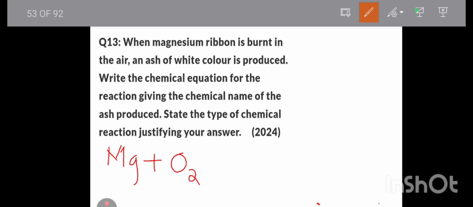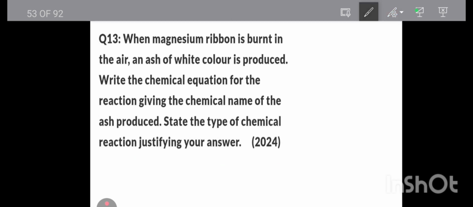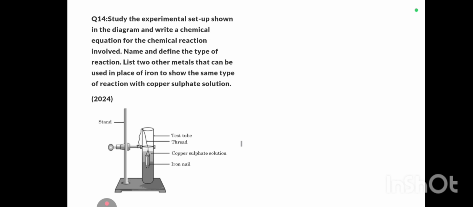Magnesium ribbon burns with a white dazzling flame and produces a white colored ash, which is due to the formation of magnesium oxide. Here two reactants combined together and a single product is formed, so it can be regarded as a combination reaction. Hope this question is clear to you. Let's move to the next question.